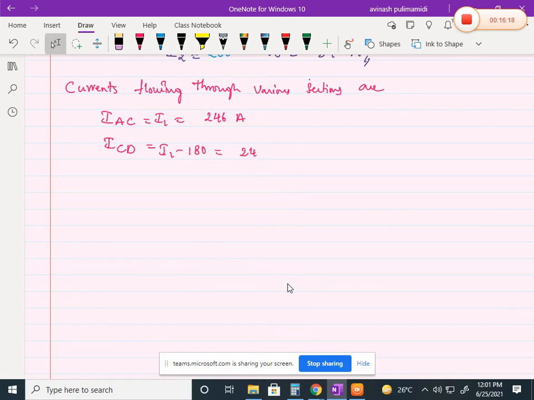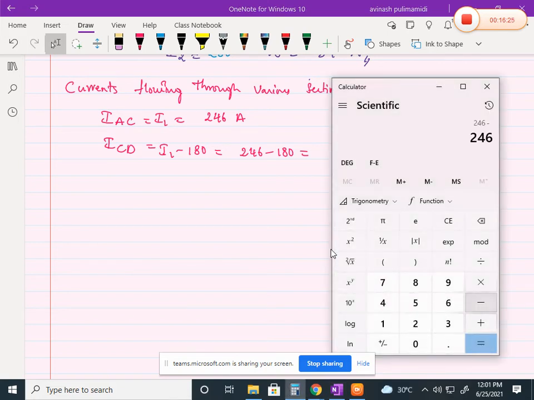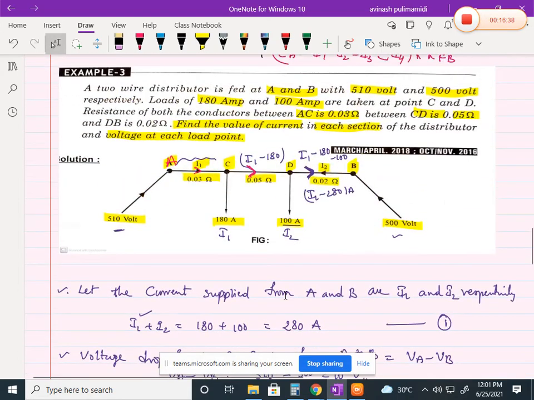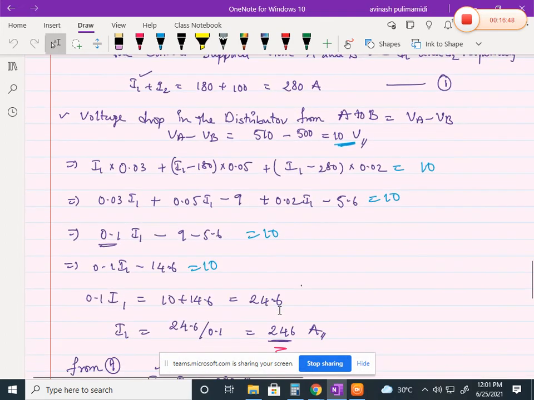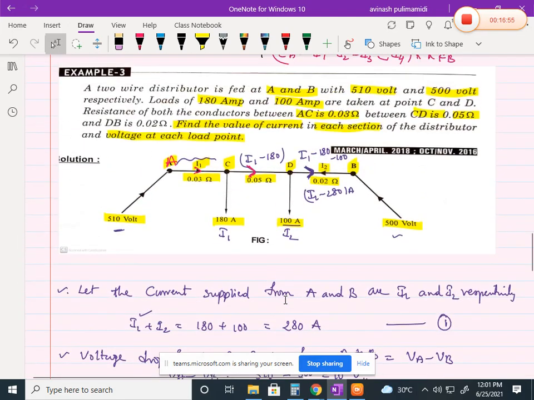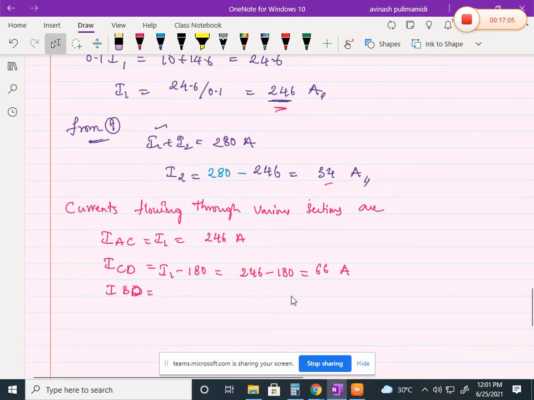What is the value of I1? 246 minus 180 will be 66. Next, the current flowing through section BD, sorry, it is section BD, not BC. It is I2. What is I2? 34.